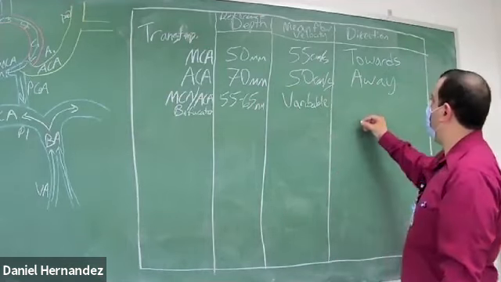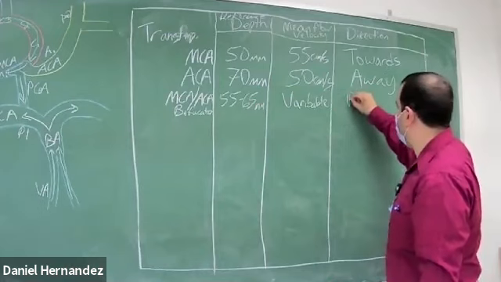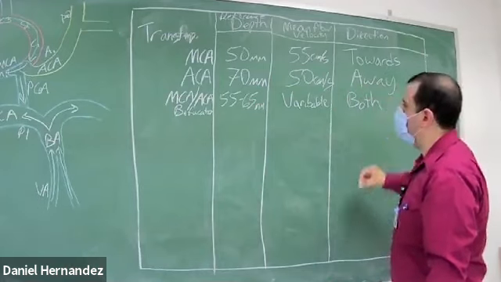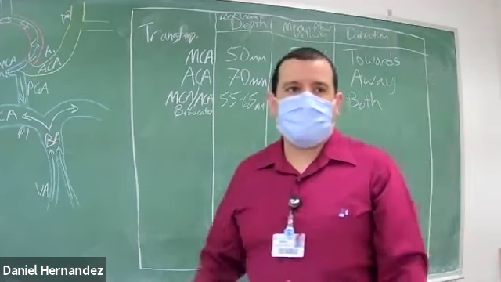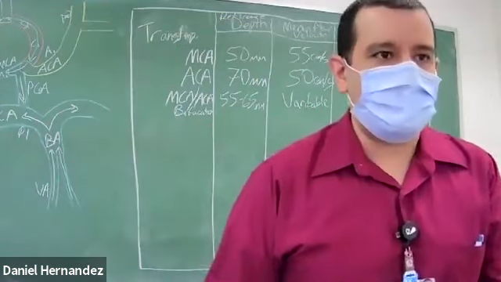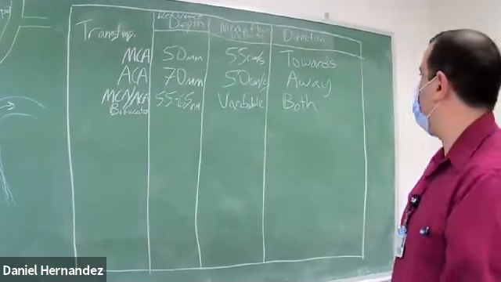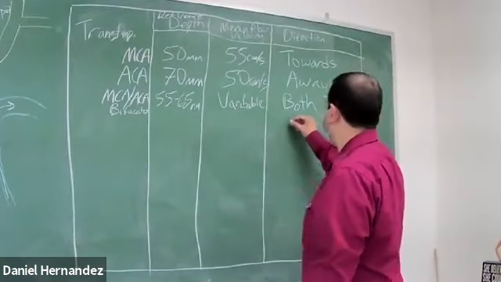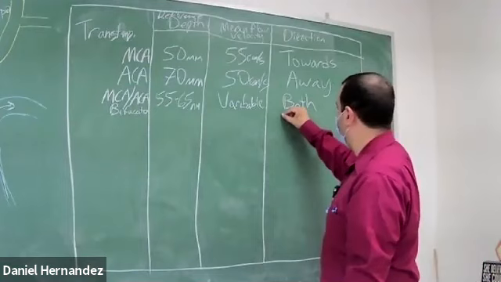And our direction is going to be both. So this bifurcation has a very unique waveform. You're actually going to be able to visualize both vessels at the same time and get a waveform tracing of both.